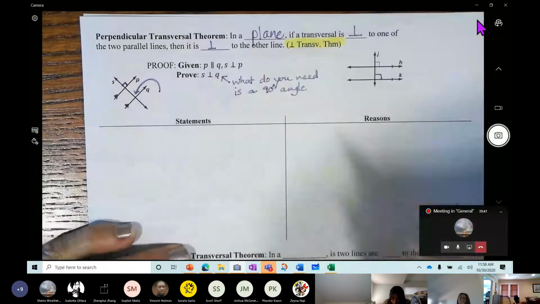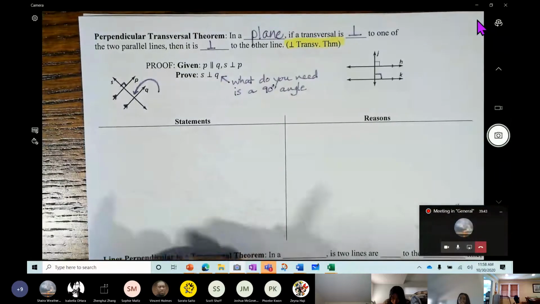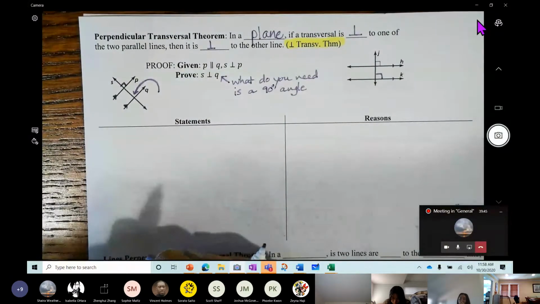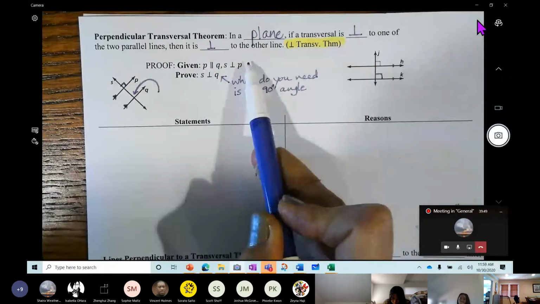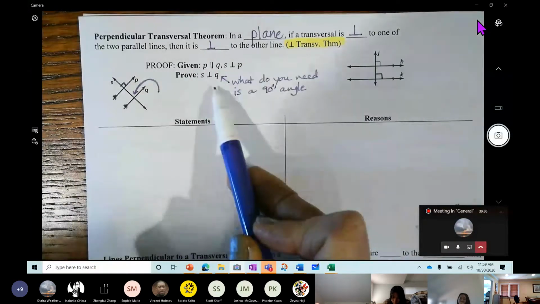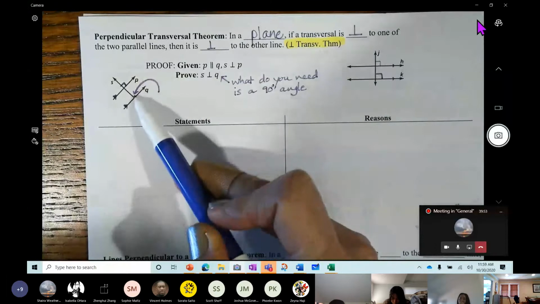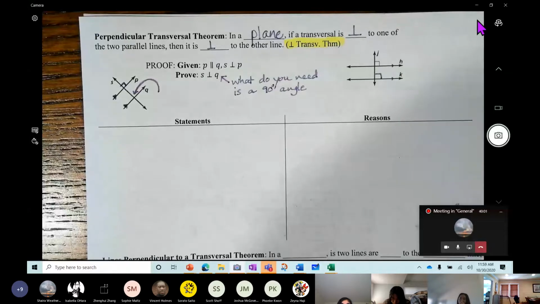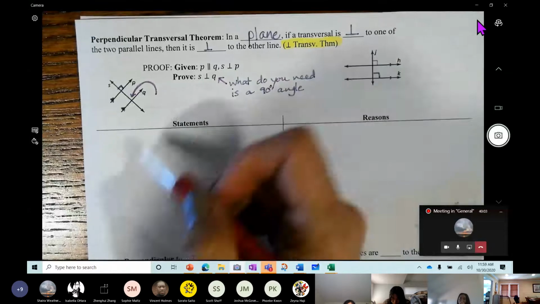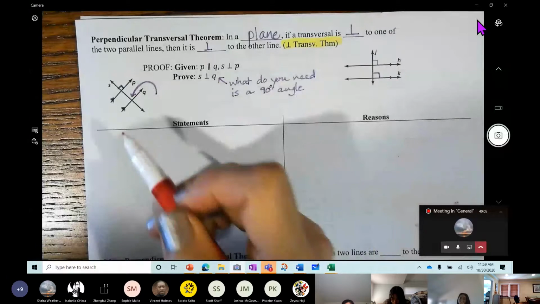Normally you guys are a little more talkative than this. You need a 90-degree angle. So what we have to do is go from here somehow to get to where that angle right there is right. Hopefully you see that. I know you're following along. So what I'm going to do is I need to refer to these angles somehow, so I'm going to number them.